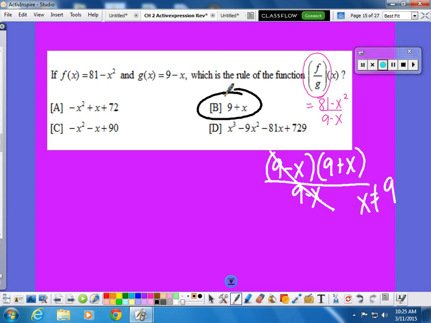Yes, ma'am. Why did you do that instead of 81? What if we didn't factor? We factored this because it was the difference of two squares that factored into conjugates. It's kind of like reducing a fraction.